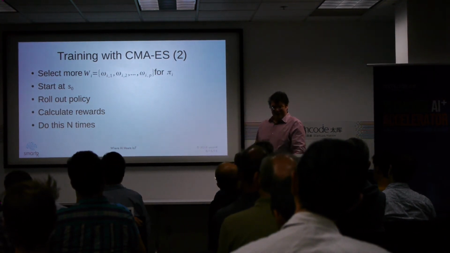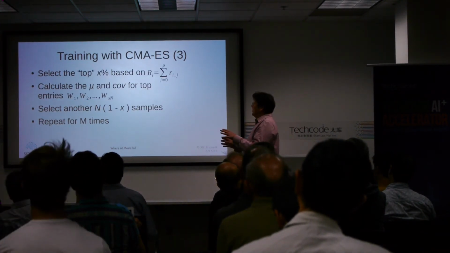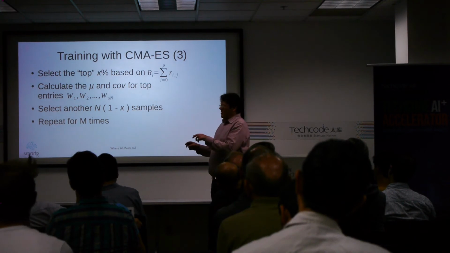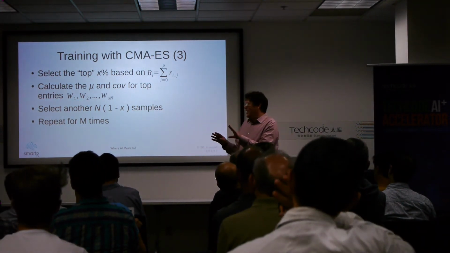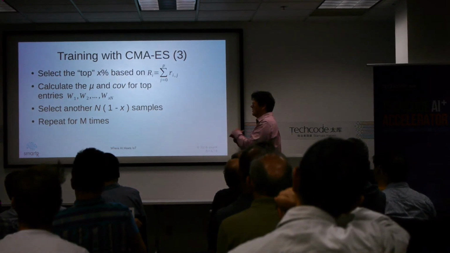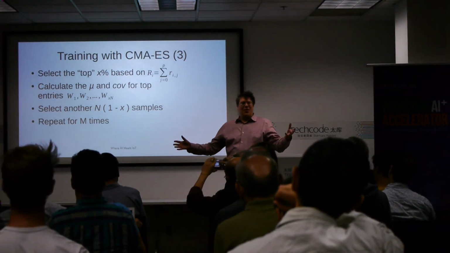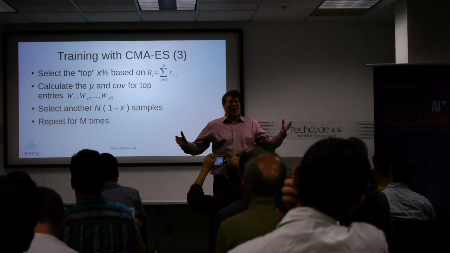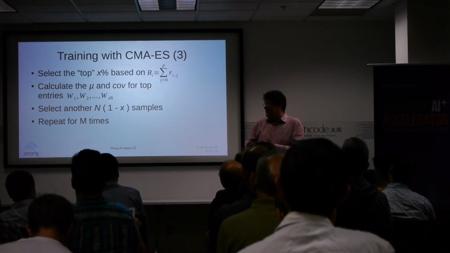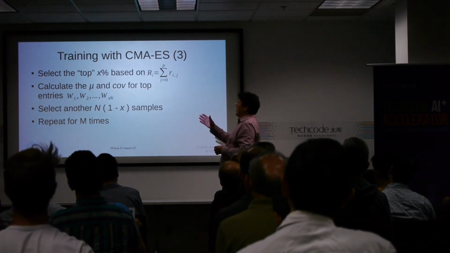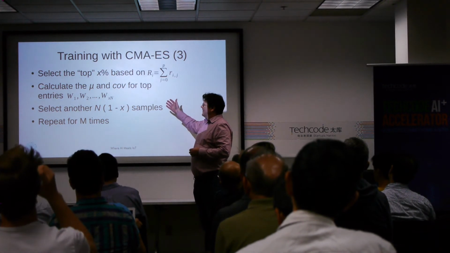Once you do that, you go, what are the top rewards that we saw? And I put top in quotes because it's slightly more complicated than that, but we'll get to that later if we have time. But what they do is they say, what were the best 10% of our random policies? Probably most of them were crap, but some of them are going to be better than others. And so you then update your mean and your covariance matrix based on what the top ones are.